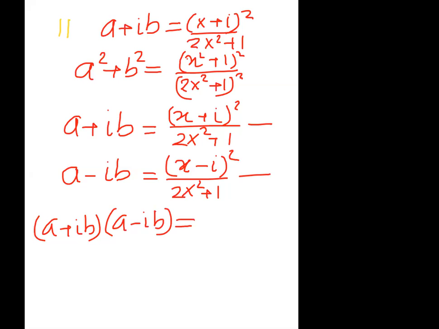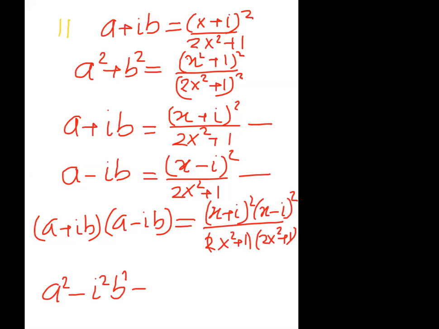(x plus i) whole square, (x minus i) whole square, upon the denominator, which is the same for both, (2x square plus 1) into (2x square plus 1). Now this will be a plus b, a minus b, a square minus i square b square, equals numerator, and the denominator both are getting squared.